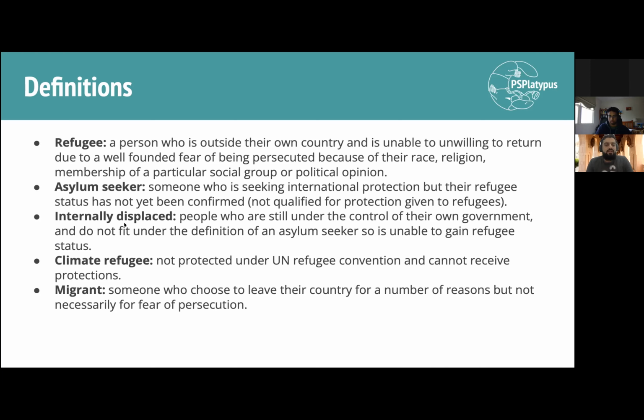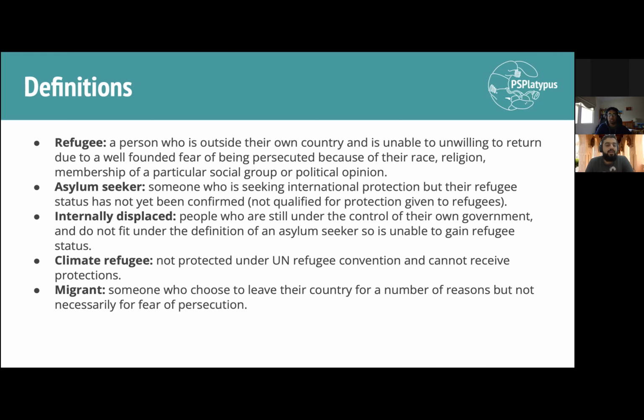We have internally displaced people who are still in their country and cannot fit under the definition of an asylum seeker. So they are unable to gain refugee status. We have climate refugees who are not protected under the United Nations Refugee Convention and cannot receive protections.